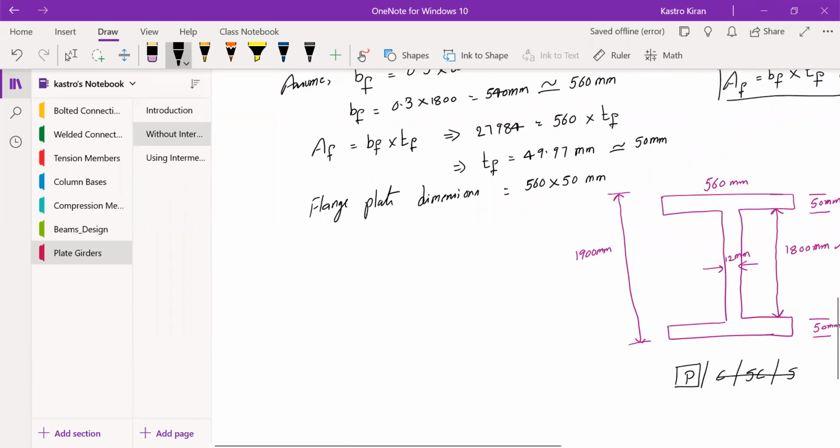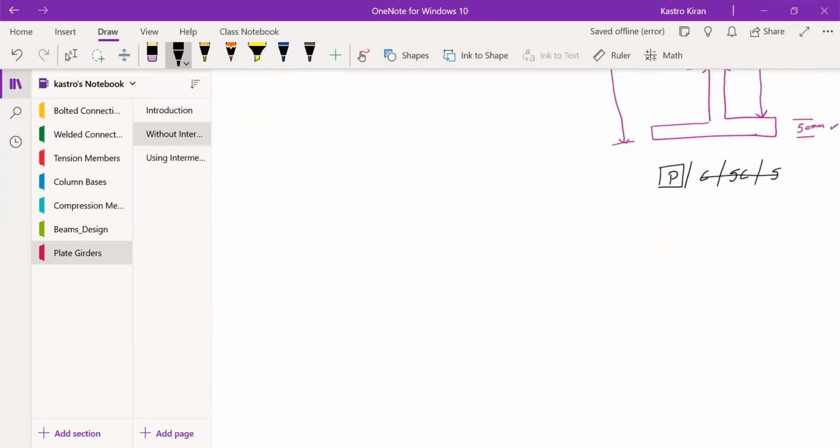Anyways, let's write that one. So the fourth step: classification of flanges. So how will you classify? For the section to be plastic, you need to find out the value of b by tf.